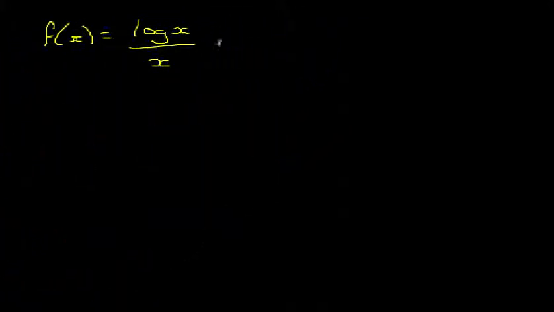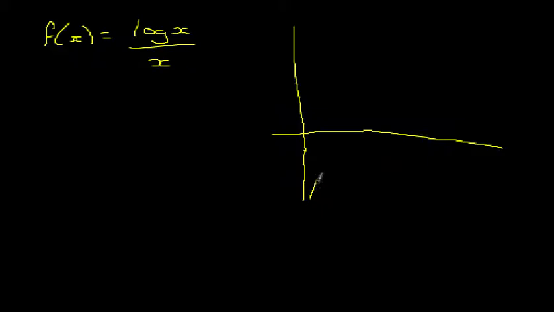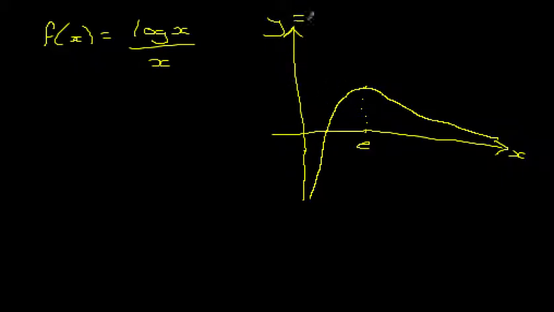So let's see if we can draw that. So x close to 0, we're going from negative infinity. We have a stationary point at e, which we know must be a maximum because as x goes to infinity, we're going to 0. This is our x-axis. This is our y-axis. y equal to f of x is what we're plotting.